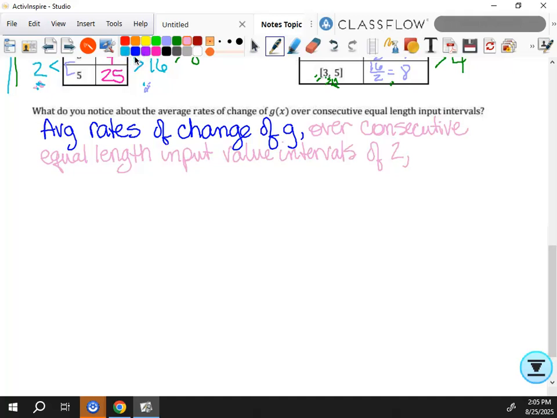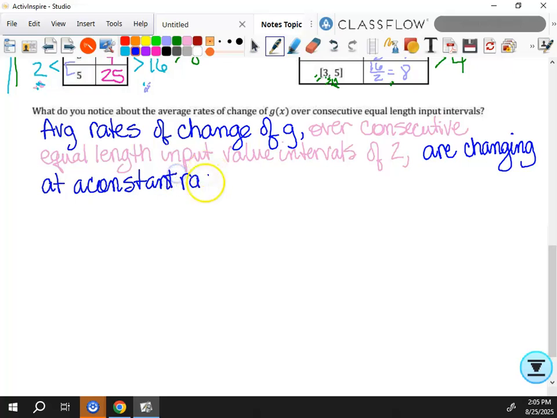Then we continue talking about the average rates of change. The average rates of change of G are changing at a constant rate. Okay, with me on that? And I changed colors there because the blue goes together and the pink goes together.